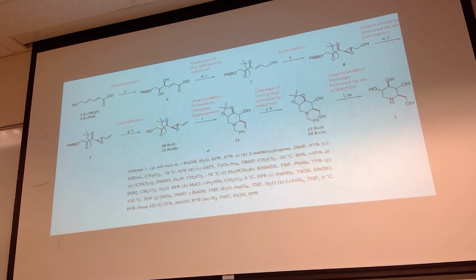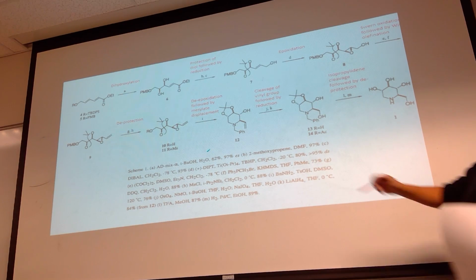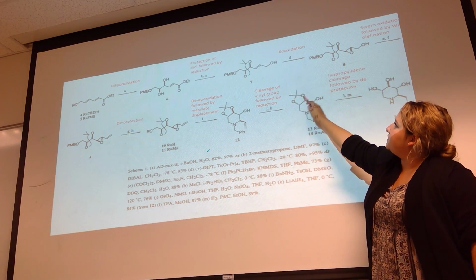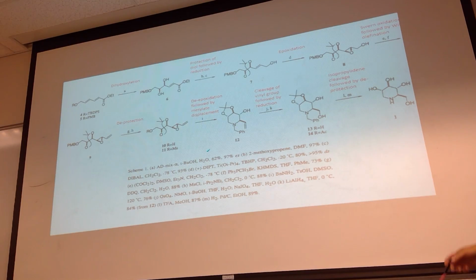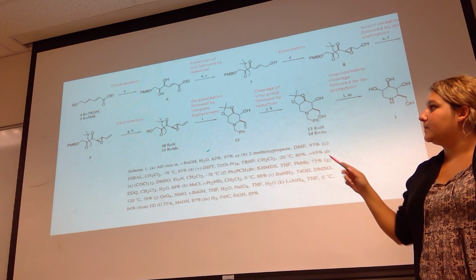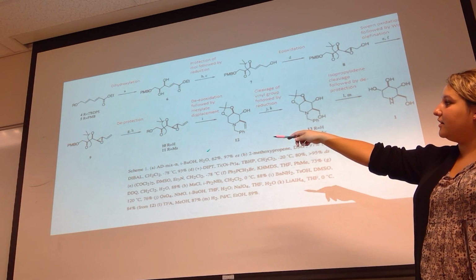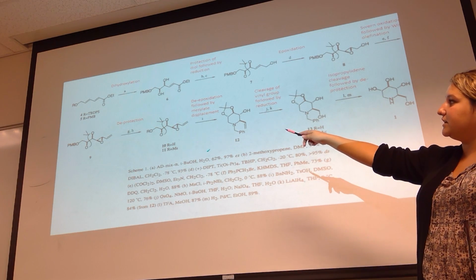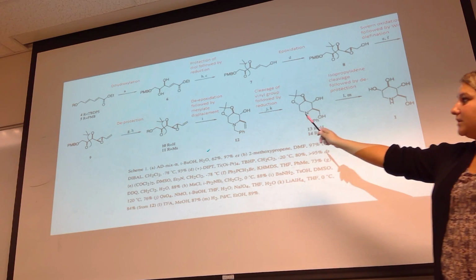Then from there, they protected the diol, and this was done with 2-methoxypropene, which looks funny up there, but it's basically this when you draw it. It was followed by a reduction to give the alcohol at the end. From there was an epoxidation, and after there was a Swern oxidation followed by a Wittig olefination to give product 9, which was then deprotected at the PMB to give 10.